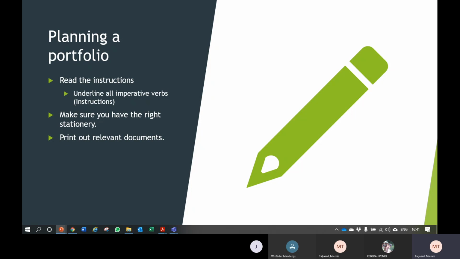Then there are documents, letters that you need to send to various officials in order to have the official stamp on any work that you do at the institution to verify that you have done your practical work. Print out those documents and try and have a copy of them and keep them tidy so that it looks professional when you put them into your portfolio.